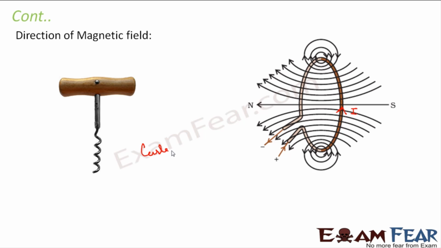So here curled fingers will represent current and thumb represents magnetic field. So if you look at this figure, if this is the direction of current, you curl all your fingers in this direction. So where is your thumb pointing? The thumb is pointing towards yourself, right?